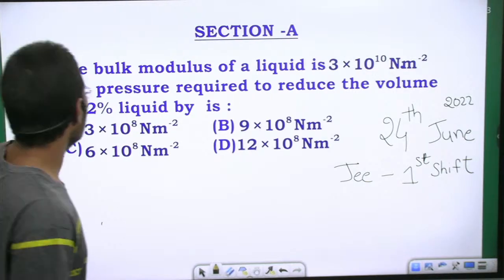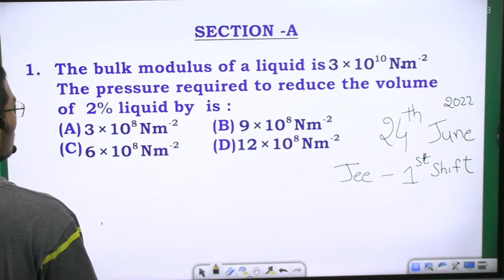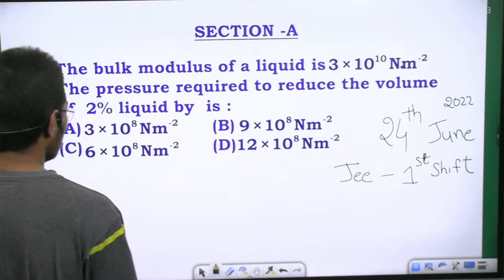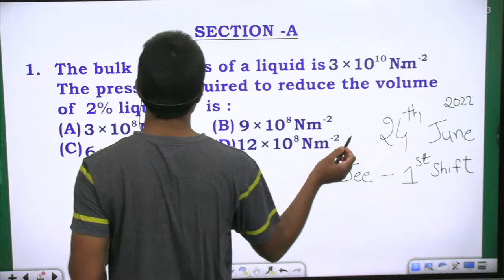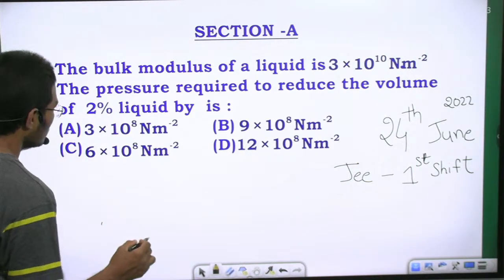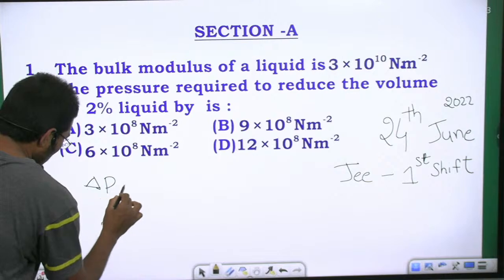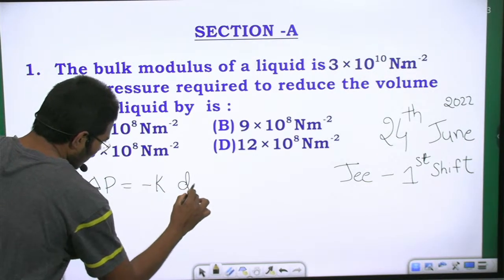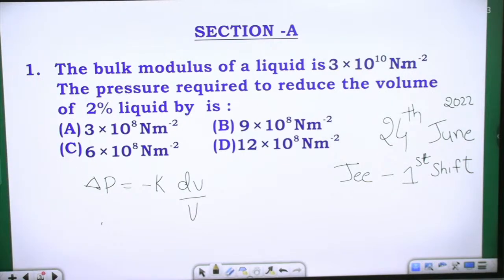the bulk modulus of the liquid is 3 into 10 power 10 Newton per meter square. The pressure required to reduce the volume of the liquid by 2% is dash. So from the formula of bulk modulus, delta P is equal to minus K dV by V. K is the bulk modulus.